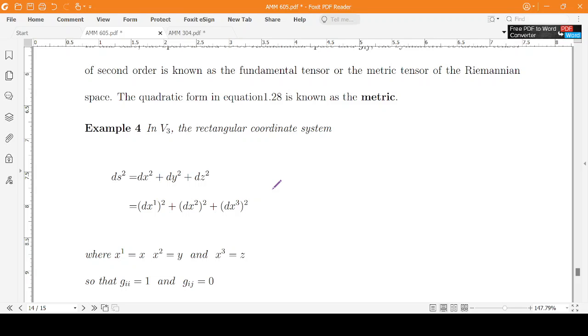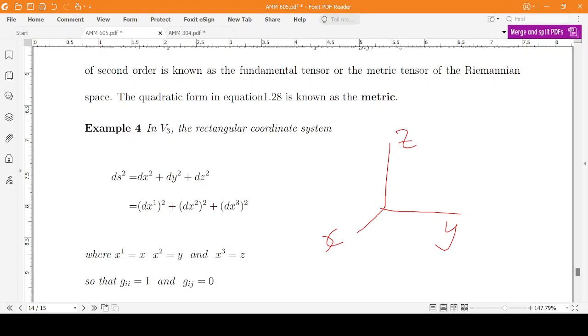We have the coordinate system x, y, z, and we can determine the distance between these points as ds squared is equal to dx squared plus dy squared plus dz squared.